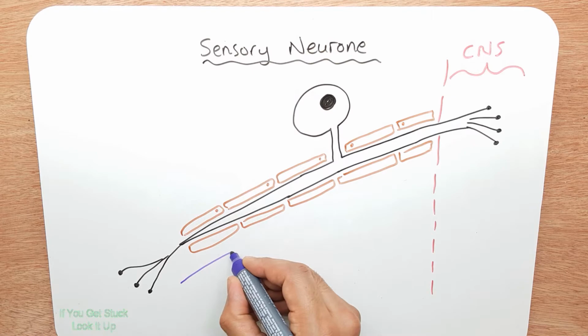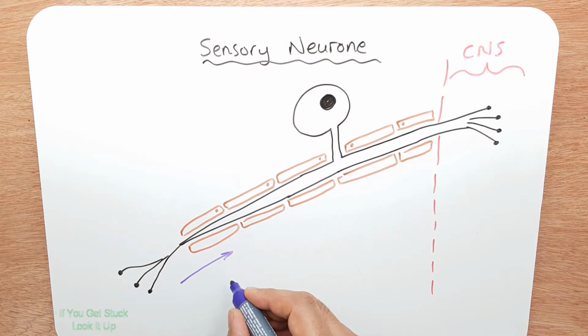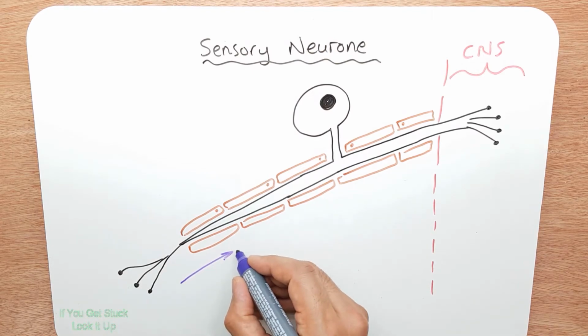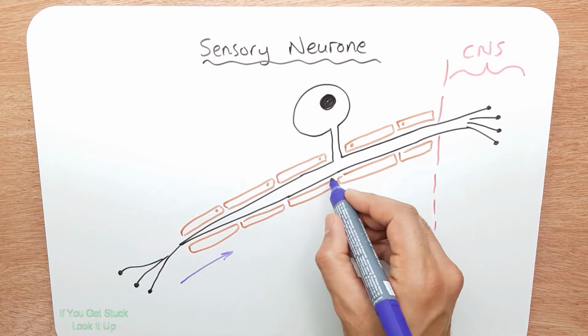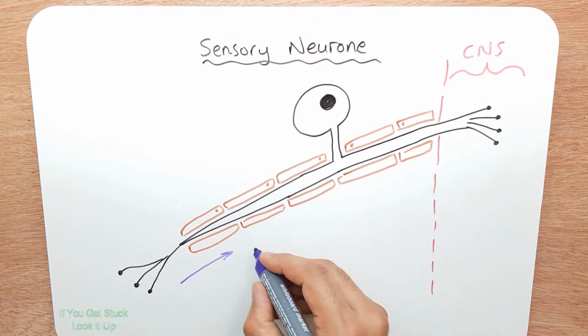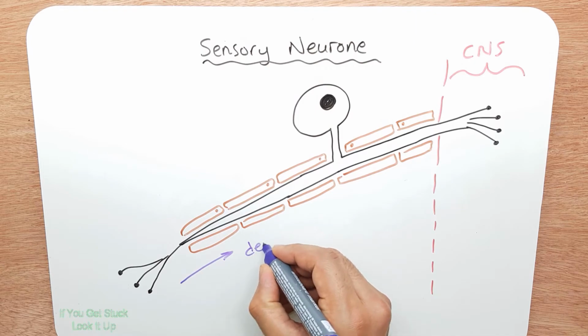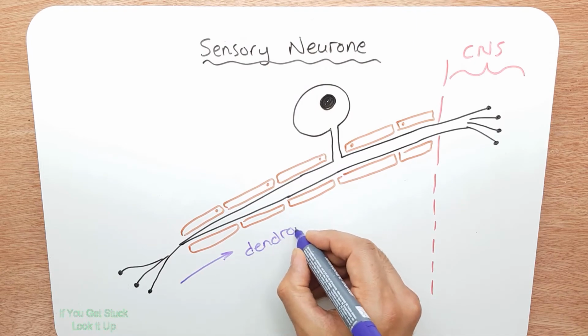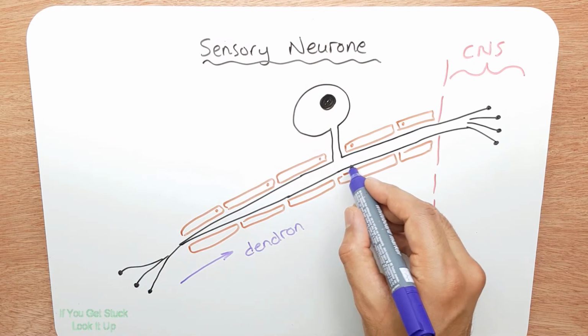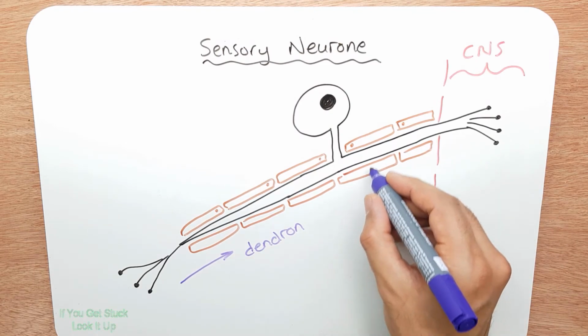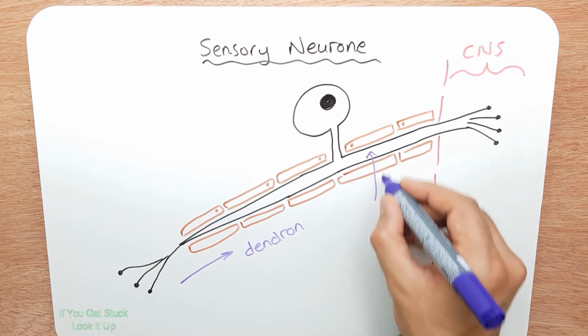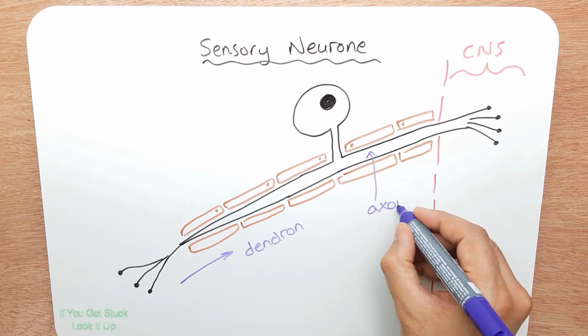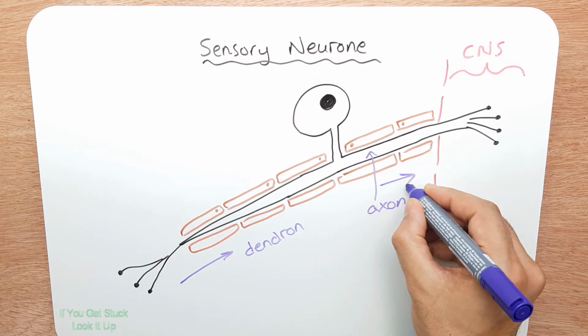And this is the way the impulse travels, the electrical signal. And as it's traveling up to the cell body, it's called the dendron. And from the cell body away, it's called the axon. And that's the direction of the impulse.